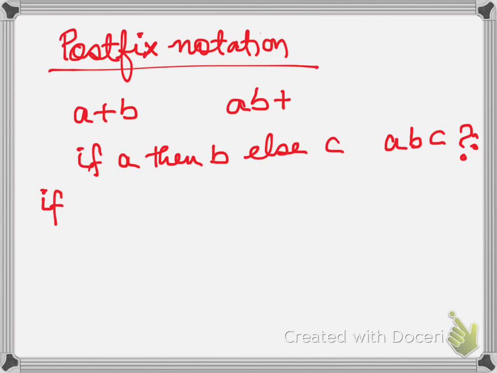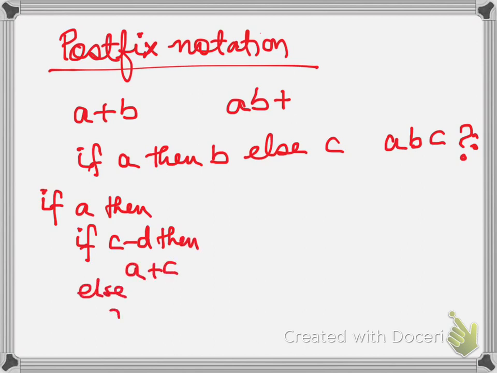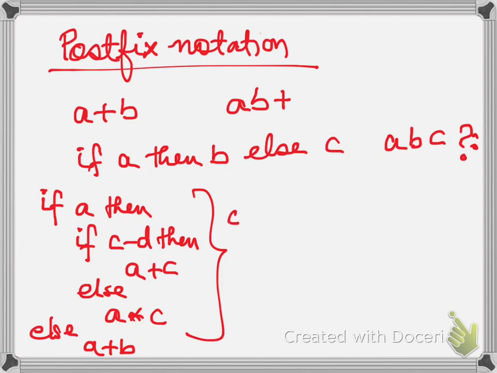So if A, then I have a nested if: if C minus D, then A plus C, else A into C, and then else for the outer if, else A plus B. For this whole thing, we can write it as A, C, D minus, A, C multiply, then comes our ternary operator, then A, B plus, then the ternary operator for the outer if.